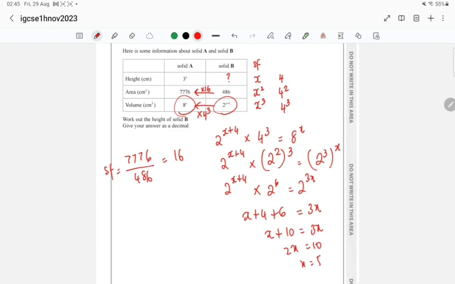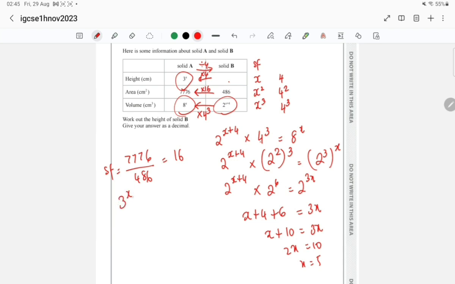Okay, now that I have my 5, if I find the height of solid A, from that I divide by 4, I should be getting my height of solid B. Because here I'm multiplying by 4. On the other side, I will be dividing by 4 for the height.